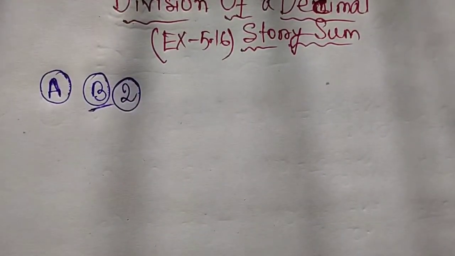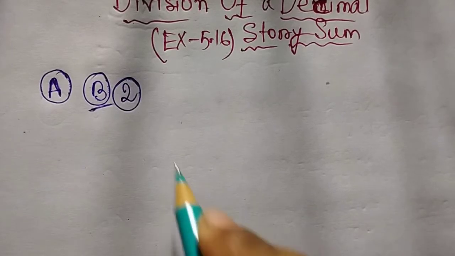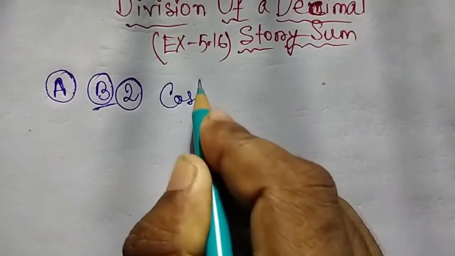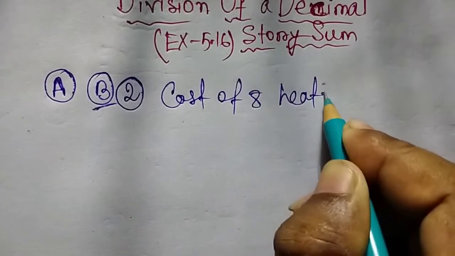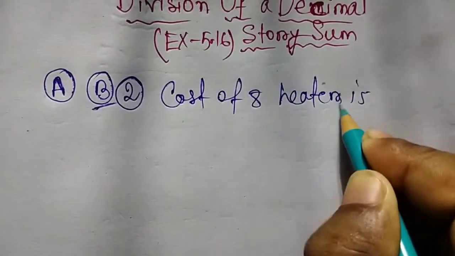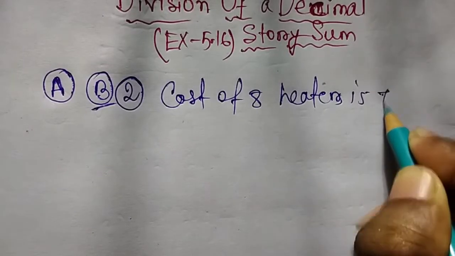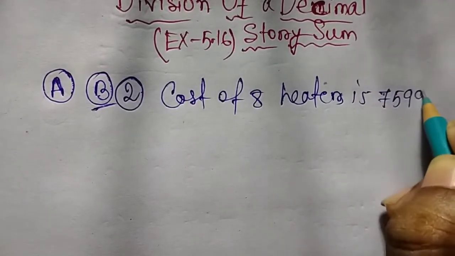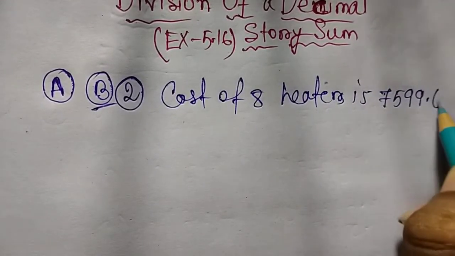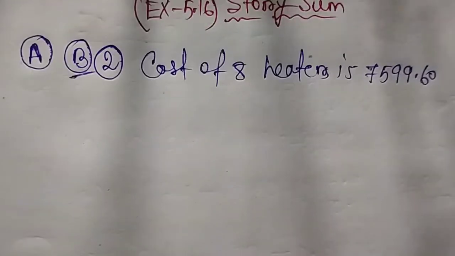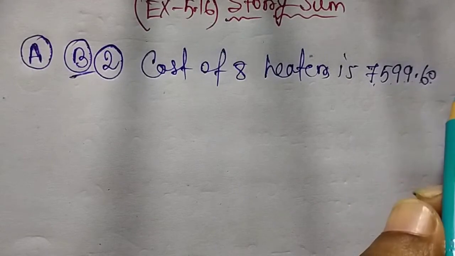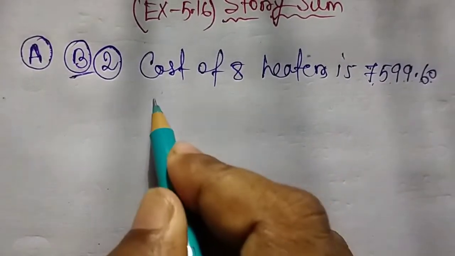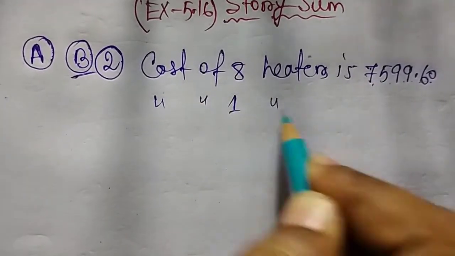Here is the question: the cost of 8 heaters is 7599.60. So the cost of 8 heaters is 7599.60. We have to find the cost of 1 heater.